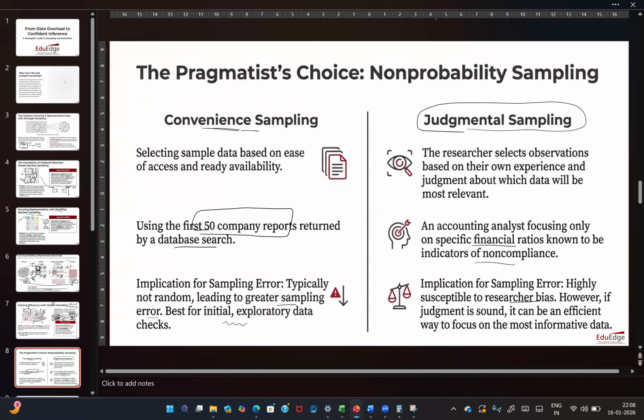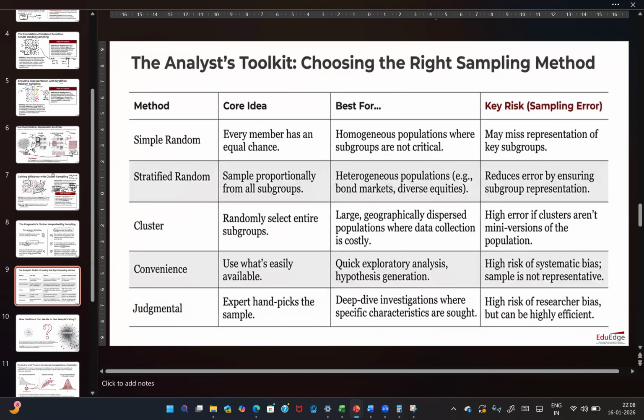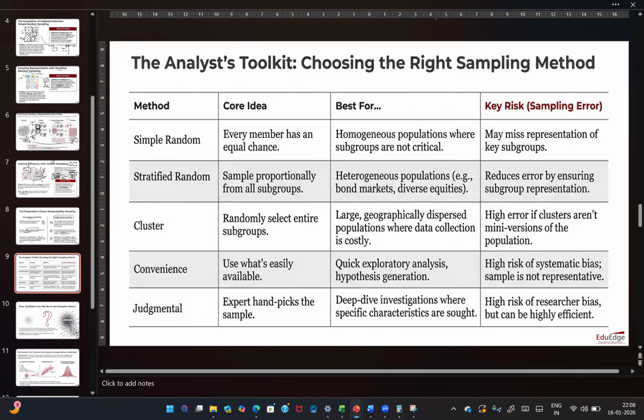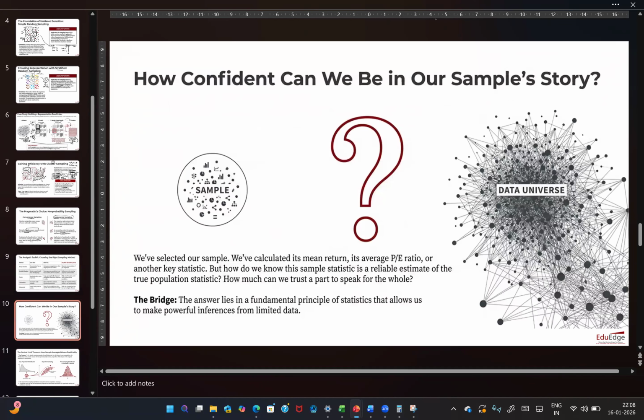On the other hand, if my bias is low, then it could lead to a better quality sample, or more efficiency in my sampling. So that's judgmental sampling. This table gives a quick overview of each of these and compares them. You can go through it later. I've covered most of it.